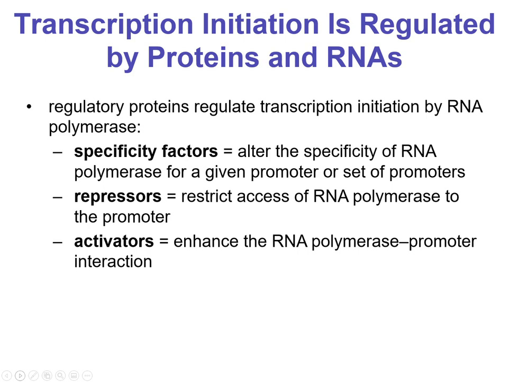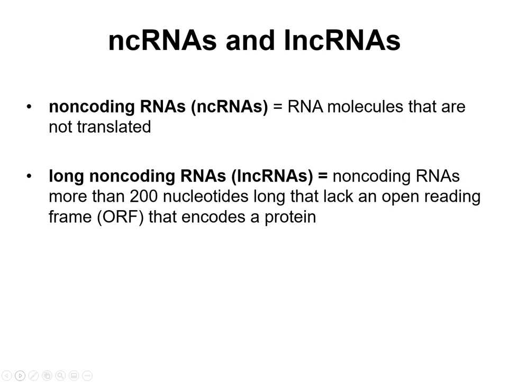There are also repressors, which restrict access of the polymerase to the promoter, and activators, which activate or enhance the polymerase promoter interaction. To add to the complication, RNAs themselves can participate in regulating RNA polymerases.